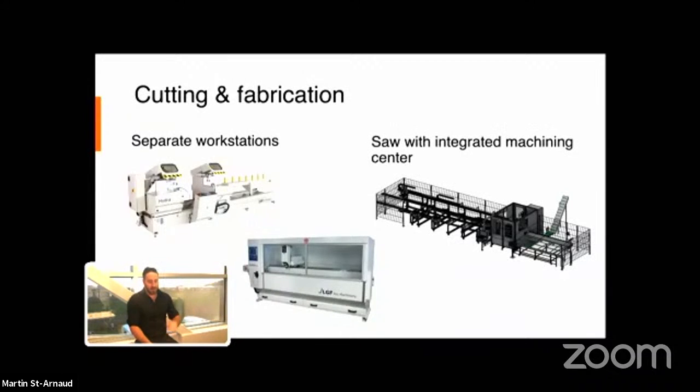So first stage, obviously, cutting and fabrication. If you're looking at a smaller factory, like we have a lot in Quebec, maybe you're going to be looking at separate workstations. On the screen here is just an example of a regular double miter saw capable of cutting 2 parts at a time, and a standalone fab center.